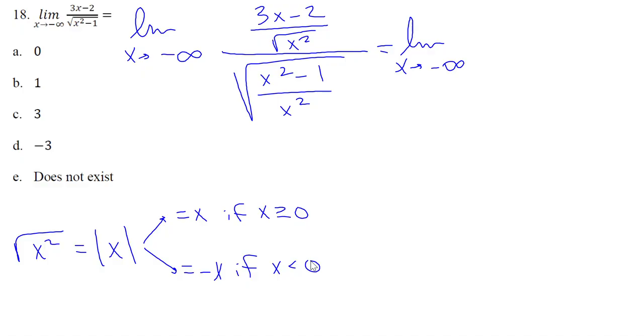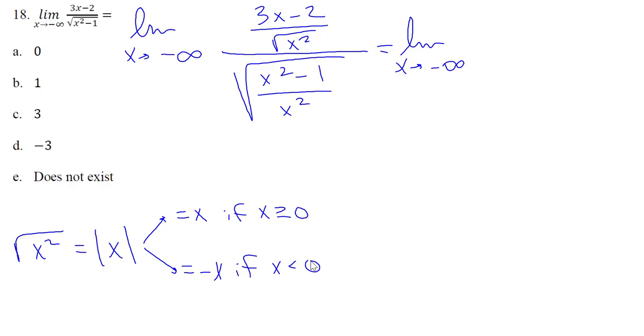If we have a positive number or 0 that we put into the absolute value, it just returns the same initial value. But if we put in a negative number, like negative 2, the absolute value returns us the opposite of that negative number, the positive. Right? So the absolute value of x is equal to the opposite of x if x is less than 0.